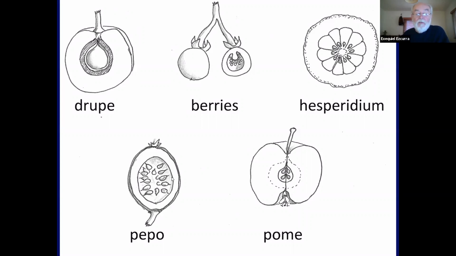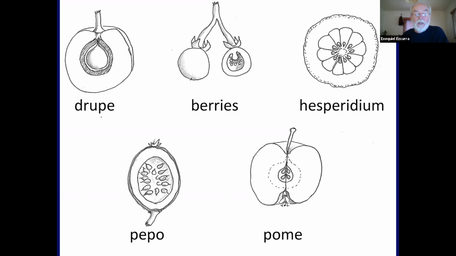Finally, two other fruits that are fleshy that we should know. One is the squash. The squash is basically very similar to a berry. It's like a gigantic berry, but it has an outer structure because it comes from a flower with inferior ovary.